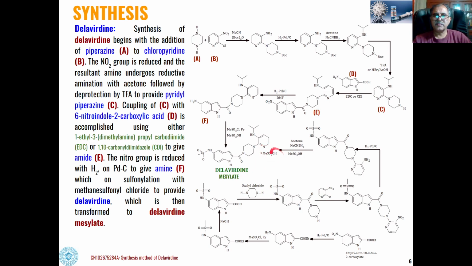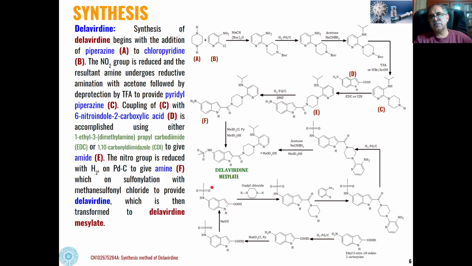This mesylate is formed when we are having a combination of methane sulfonyl chloride and pyridine and methane sulfonic acid. So this delavirdine mesylate acts as an antiviral agent which is non-nucleosidic in nature, but its mode of action is again reverse transcriptase inhibitor.